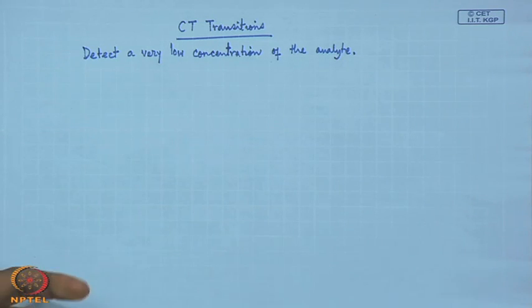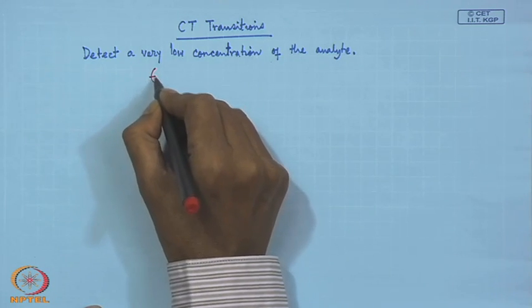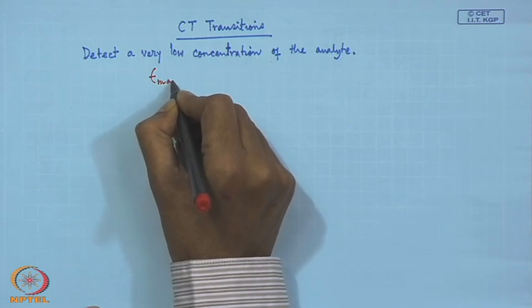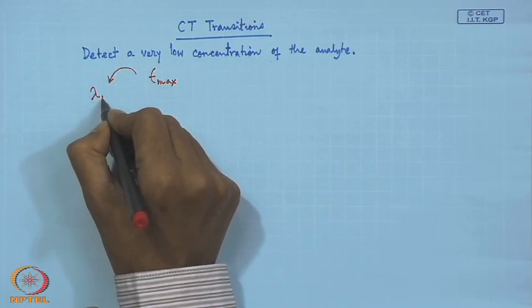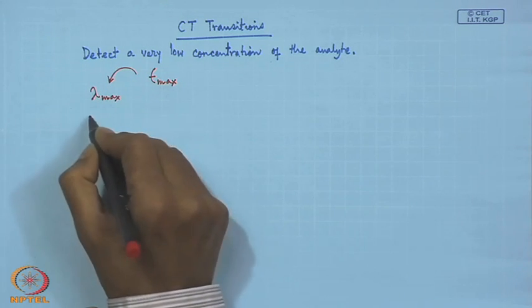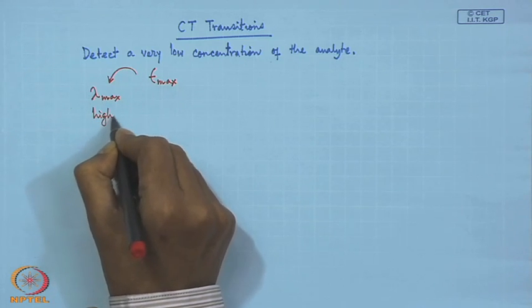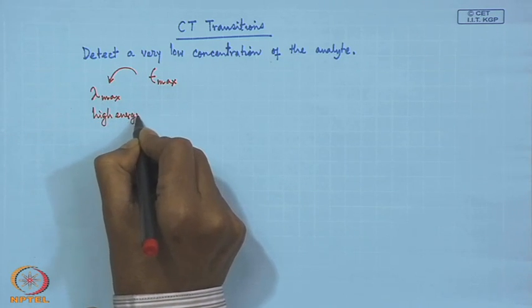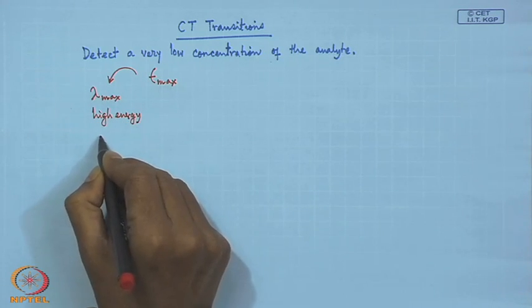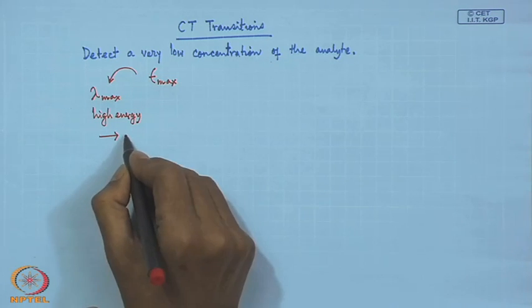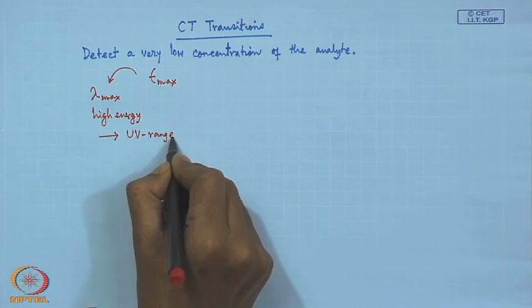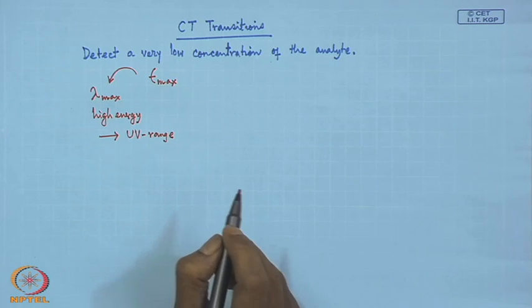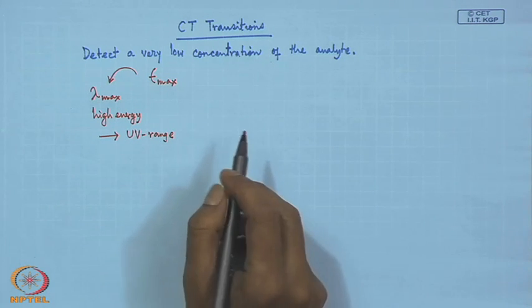Why is this so? Because of this epsilon max, which is very important, and the corresponding lambda max, which is in the high energy region and is approaching close to the UV range, because the energy gap for this transition is high.